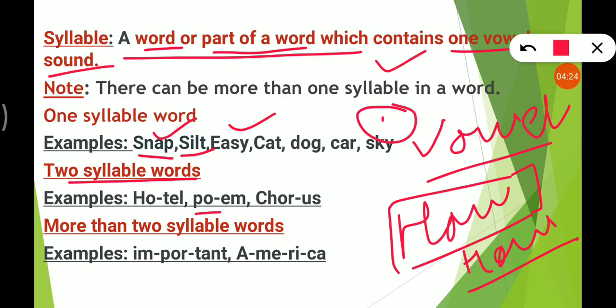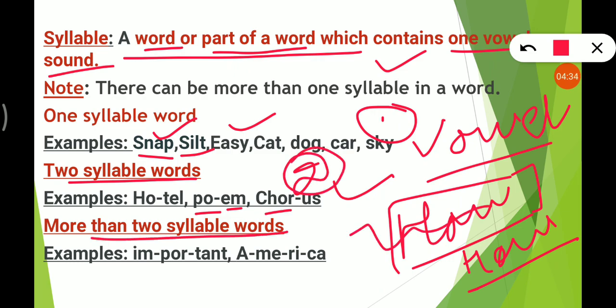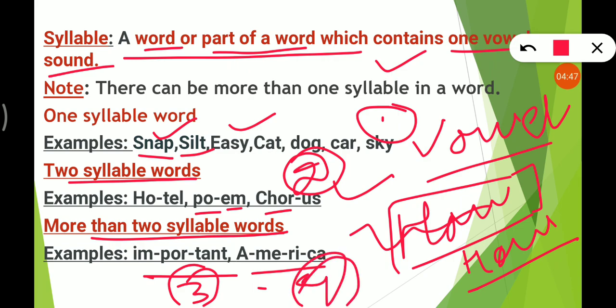Poem, o and e. Chorus, o and u. This is a two-syllable word, and there can be 3, 4, 5, 6 syllable words. For example, important, this is a 3-syllable word. And America, this is a 4-syllable word.